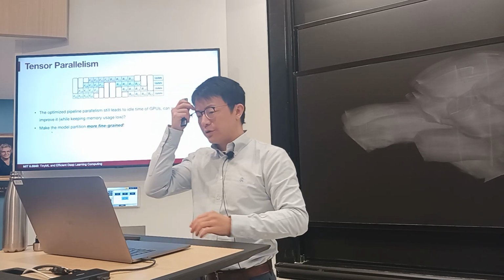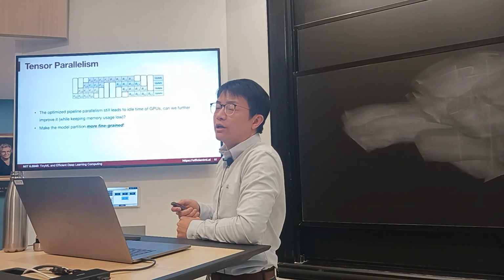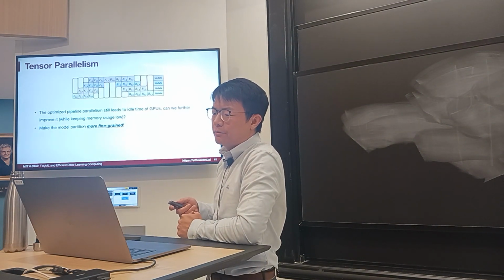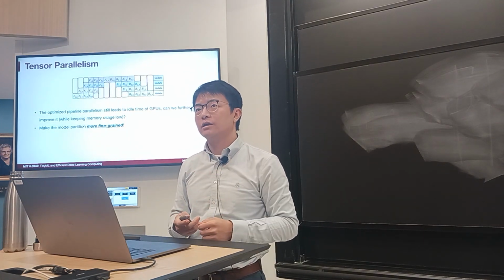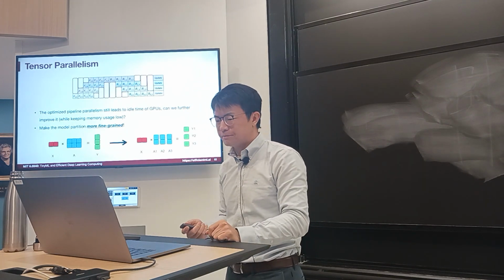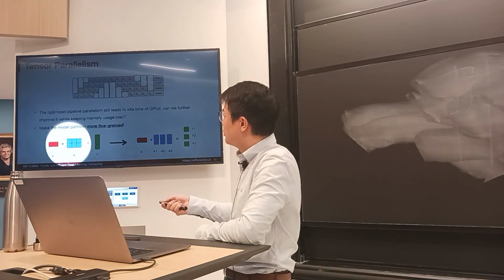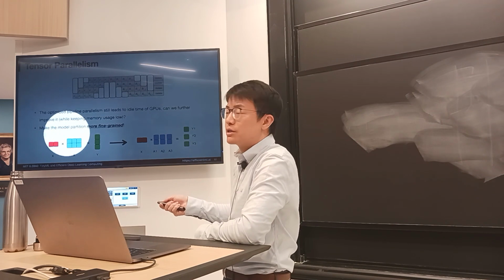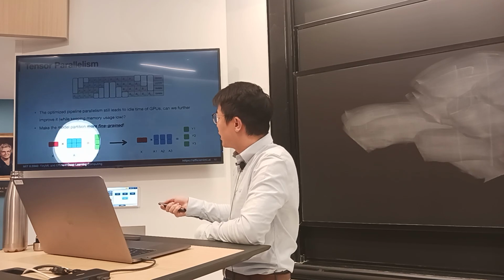To further improve the granularity and make it more fine-grained, we partition the model further, not just by layer. Even for a single layer, we want to continue partitioning. Say a layer has a 2 by 3 matrix, a single FC layer.